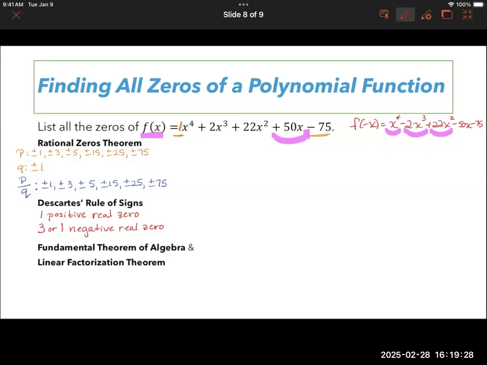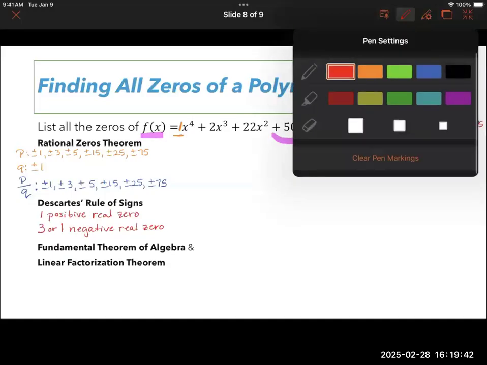All right, so from knowing that, we're going to combine those Descartes' Rule of Signs results with the Fundamental Theorem of Algebra and the Linear Factorization Theorem to come up with a little table.